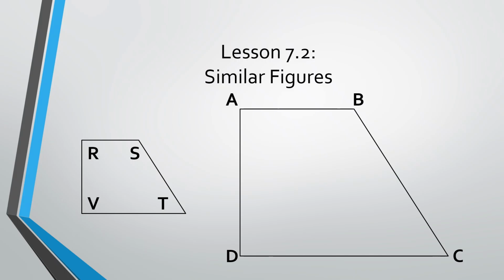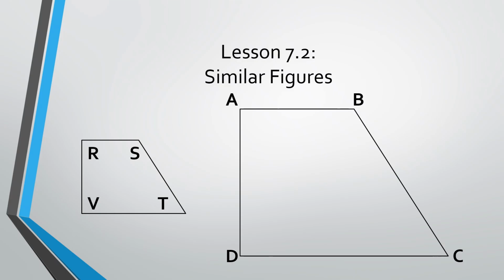Your objective here is to make sure that all of these angles are congruent. How will you do this? We move the smaller trapezoid onto the larger trapezoid by coinciding all the angles.